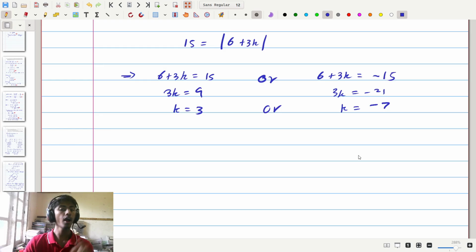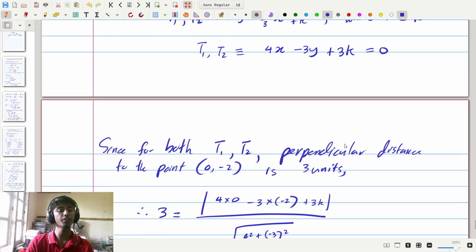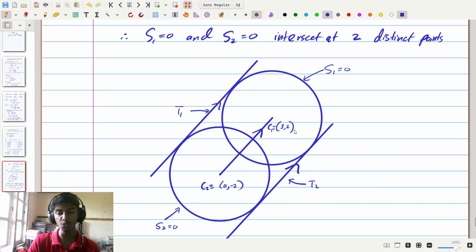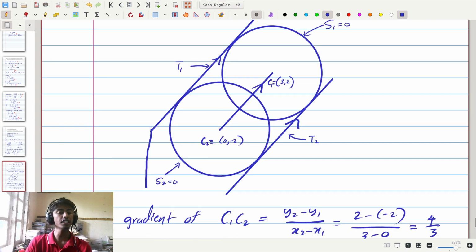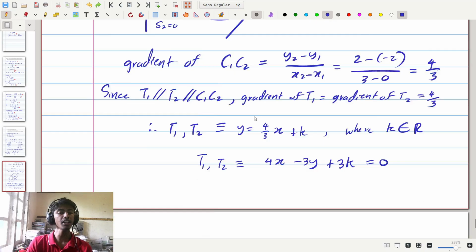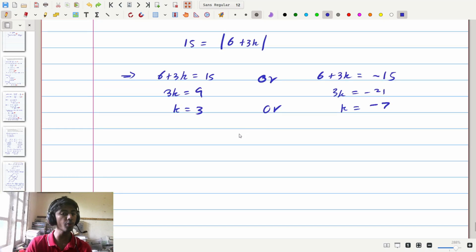And these two are going to correspond with the two lines T1 and T2. Now in this case, since T1 is higher up than T2, I'll say k1, which is a positive value, is going to correspond to k equals 3, and the other value k2 corresponding to line T2 is going to be negative 7.